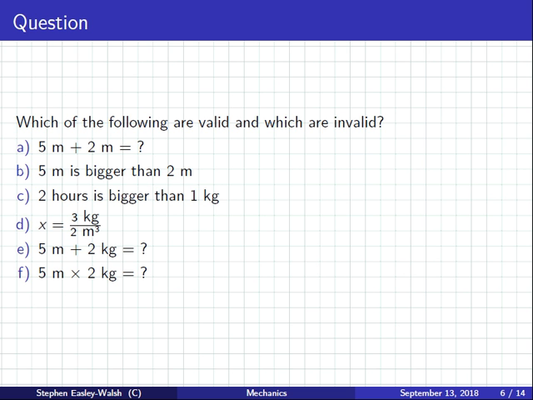You can just write down if it's right or not right. Good, okay. You have all that?